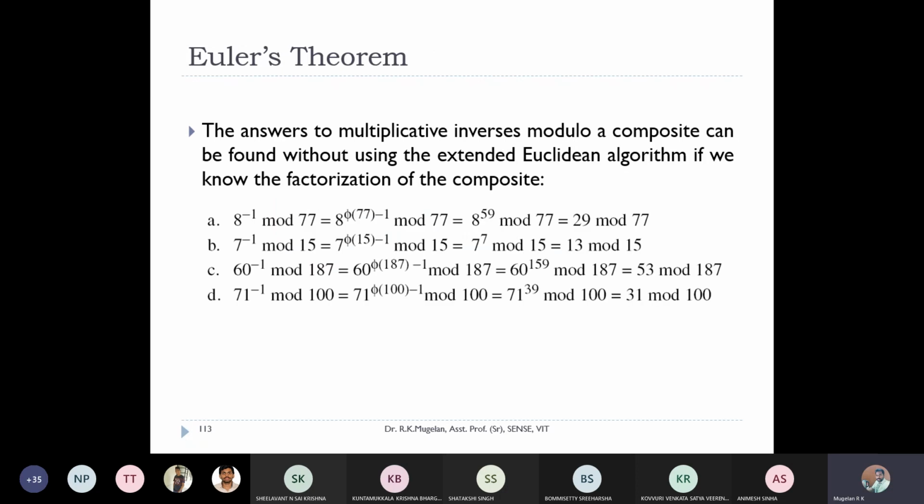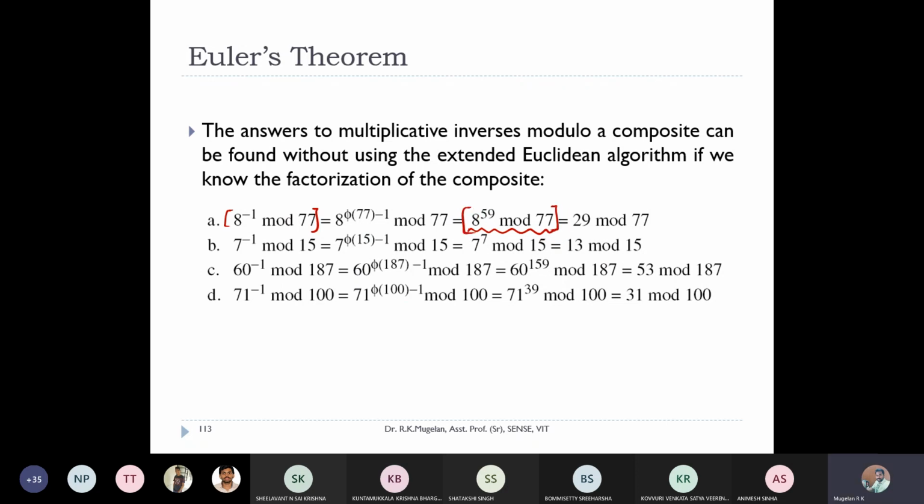Taking the same example as before, if you are asked for the multiplicative inverse of 8 modulo 77, we just saw phi of 77 is 60, so we end up with 8 power 59 mod 77.